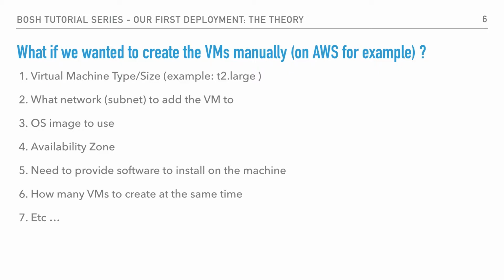So you can see that there's a list of things that we need to know if we need to create those VMs manually. From this list, we start to know what things we need to provide to BOSH, or maybe BOSH will tell us, or help us provide, whenever we need to create those VMs.